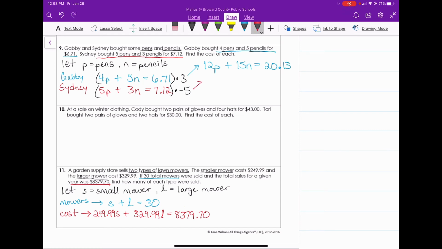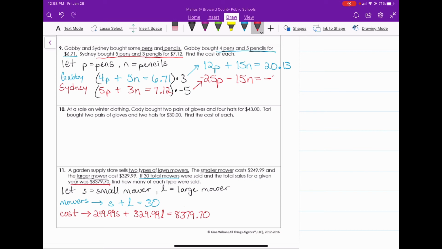Sydney's equation is going to turn into negative 25p minus 15n equals negative, and we do 5 times 7.12, that equals 35.6.